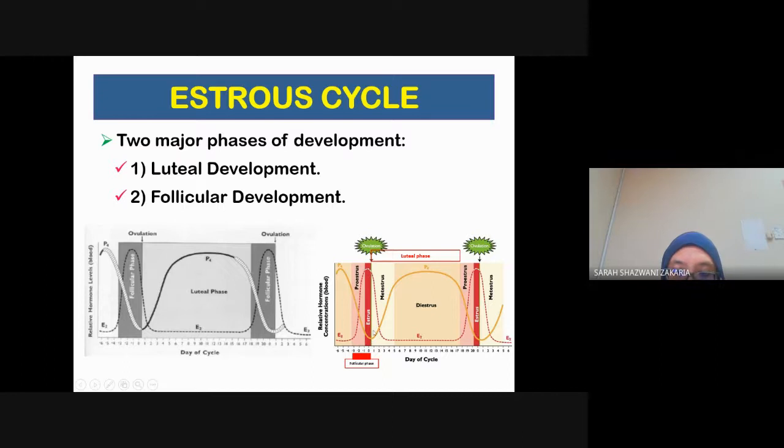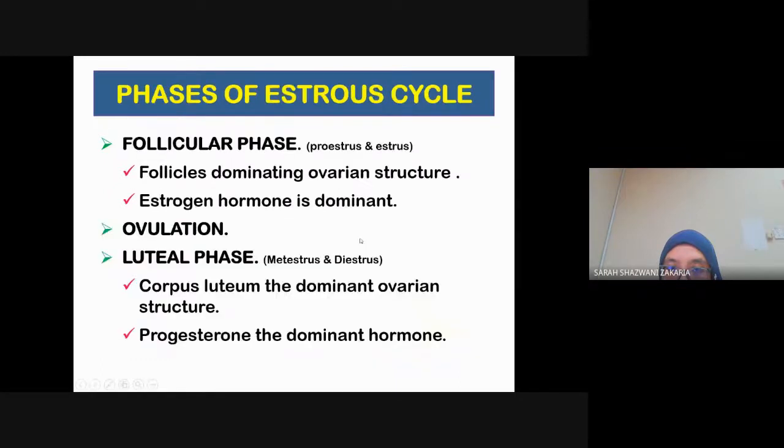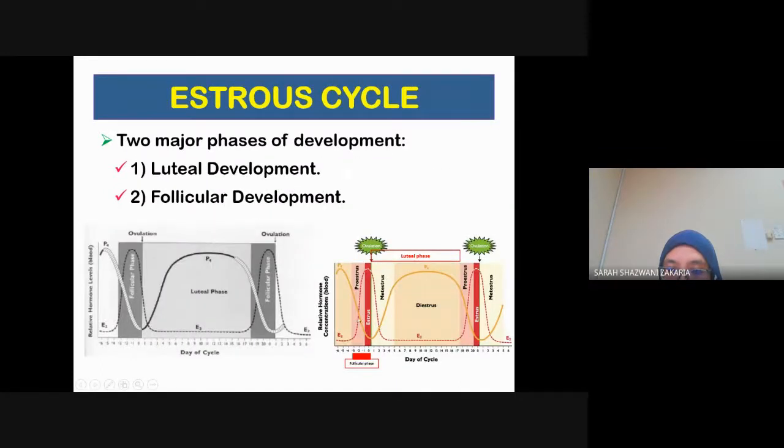This reflects the graph on the right-hand side, where we include the phases: proestrus, estrus, metestrus, diestrus. The cycle goes like this, PEMD. Proestrus, then entering estrus, then metestrus and diestrus.